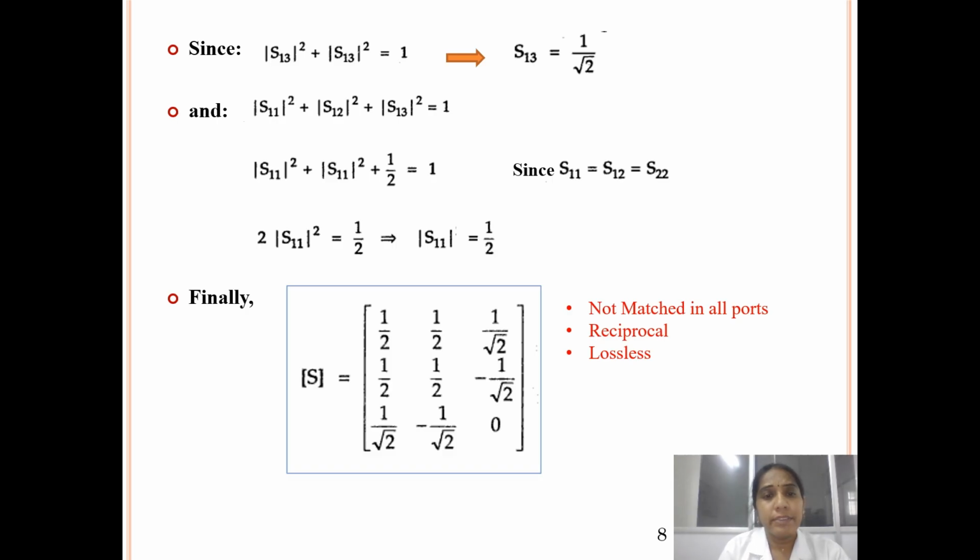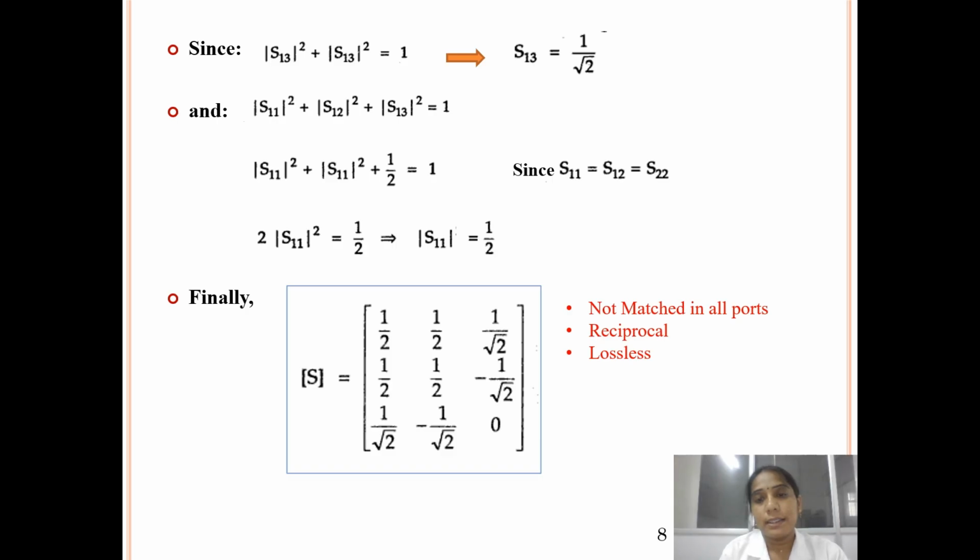And also we have said that the value of S11 is equal to S12. We have proved that in the previous slide. So instead of this S12 value, here I am substituting S11. So S11 the whole square plus S11 the whole square plus the value of S13 the whole square, which is 1 by 2, is equal to 1. From this I am calculating the value of S11 is equal to 1 by 2.